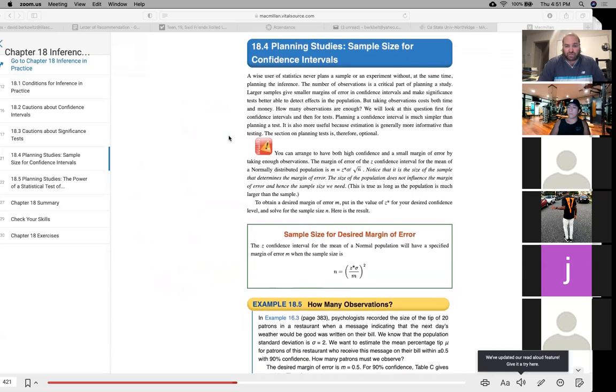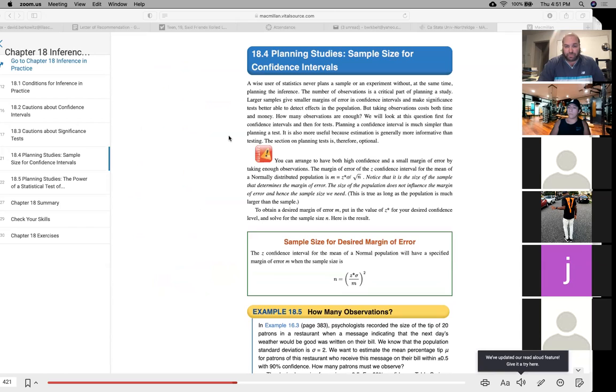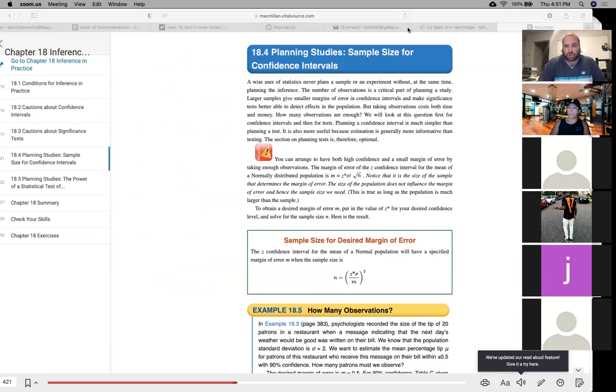So here we have a question, example 18.5. It says a psychologist recorded the size of a tip of 20 patrons in a restaurant when a message indicating that the next day's weather will be good was written on their bill. The population standard deviation is 2, sigma equals 2.